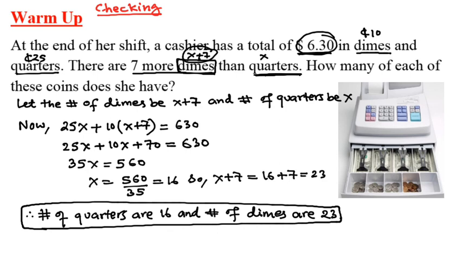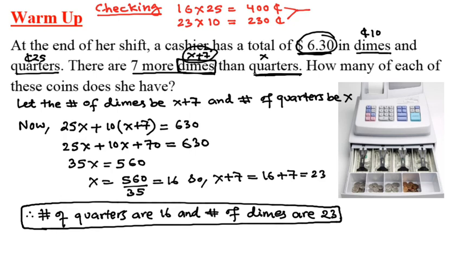We have 16 quarters, so it will be 16 times 25, which is equal to 400 cents. Also we have 23 dimes, so 23 times 10 equal to 230 cents.